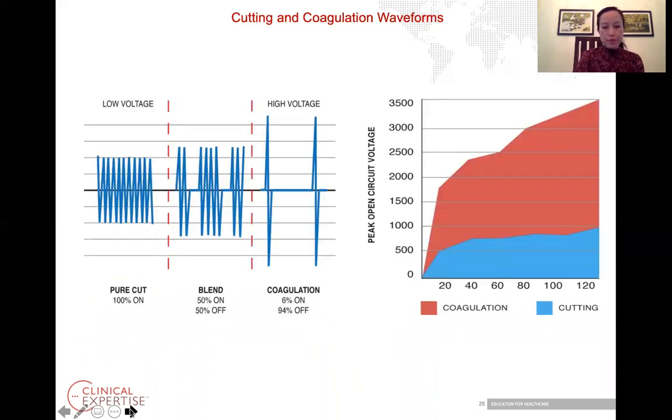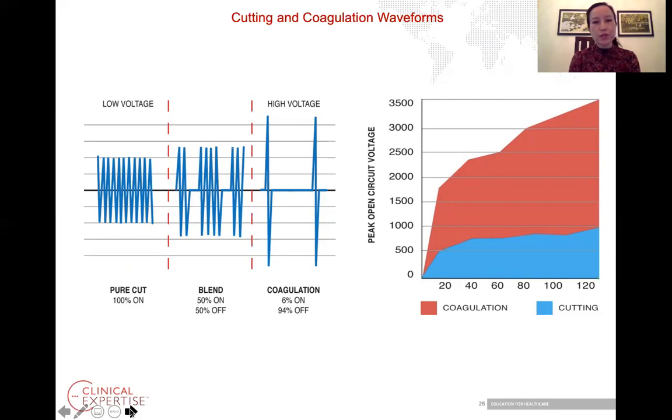Waveform refers to the shape of the electrical signal as it travels along the circuit. Different waveforms indicate that the generator is delivering current at different voltages. Low voltage is safer simply because it delivers less force. While any modality can be used to desiccate tissue, the difference is how the current is applied to the tissue.